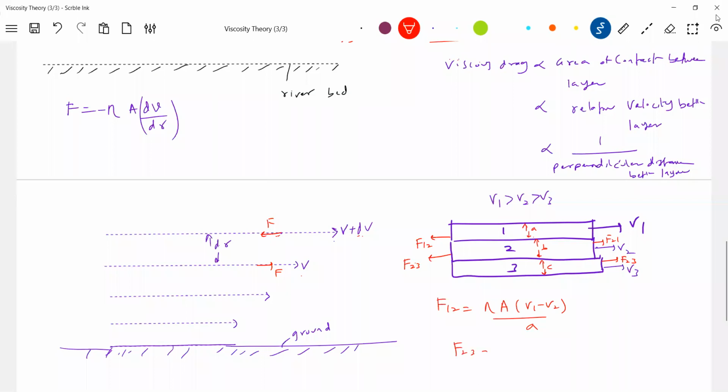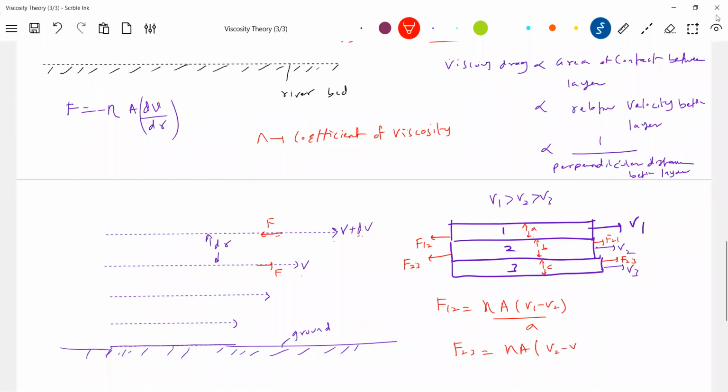Similarly, what is F23? You'll write eta A. Eta is called the coefficient of viscosity. It is a constant. For different liquids it will be different, and for a given liquid it will be almost constant. Now eta, what shall I write here?